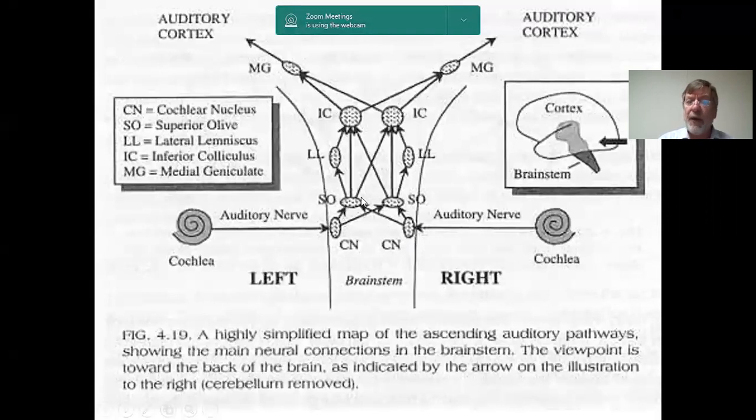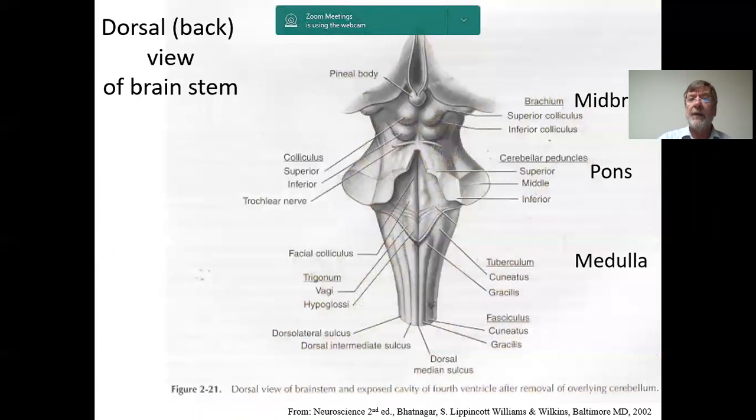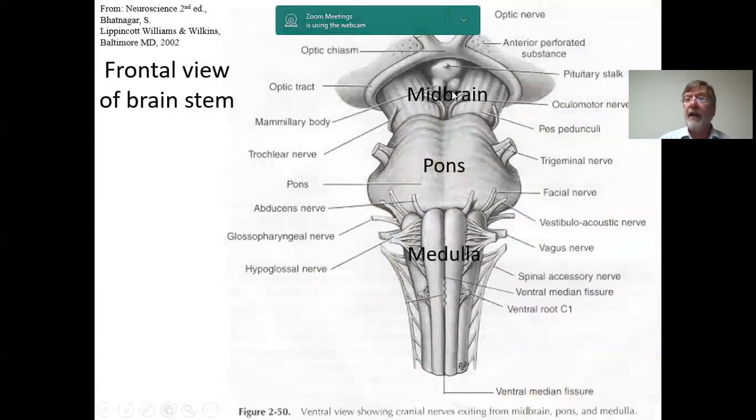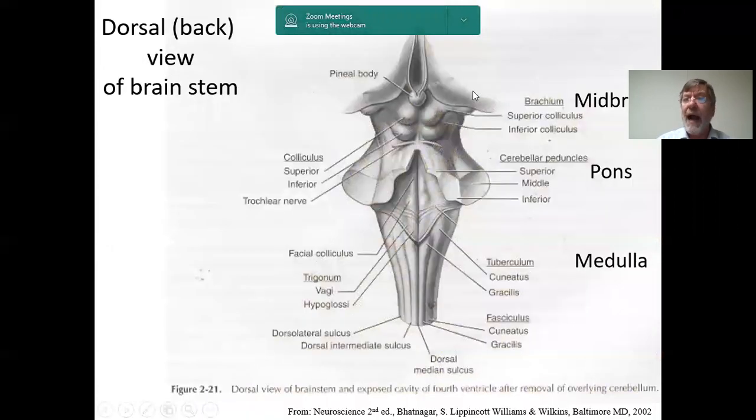Deeper inside the brainstem, superior olives, pons. Higher up, lateral lemniscus, still pons. Inferior colliculi, the top of the brainstem, the midbrain, and where exactly? On the back. And look at the 4 bumps.